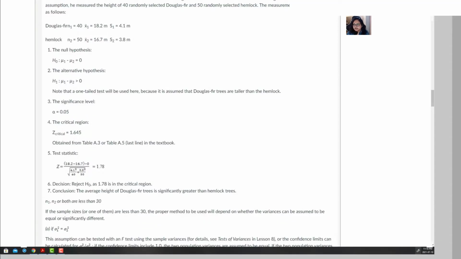So the mean difference is 0, mu1 minus mu2 equals 0. Then the alternative says it's actually more than 0.